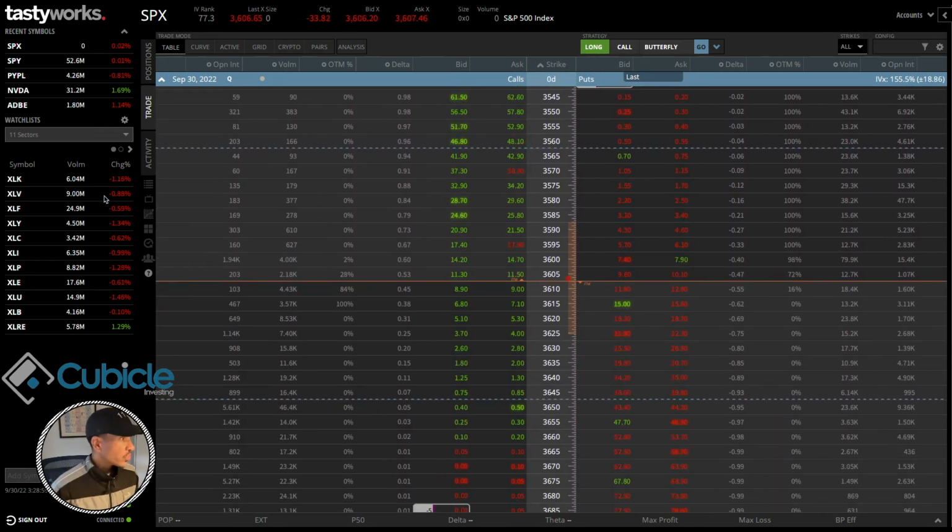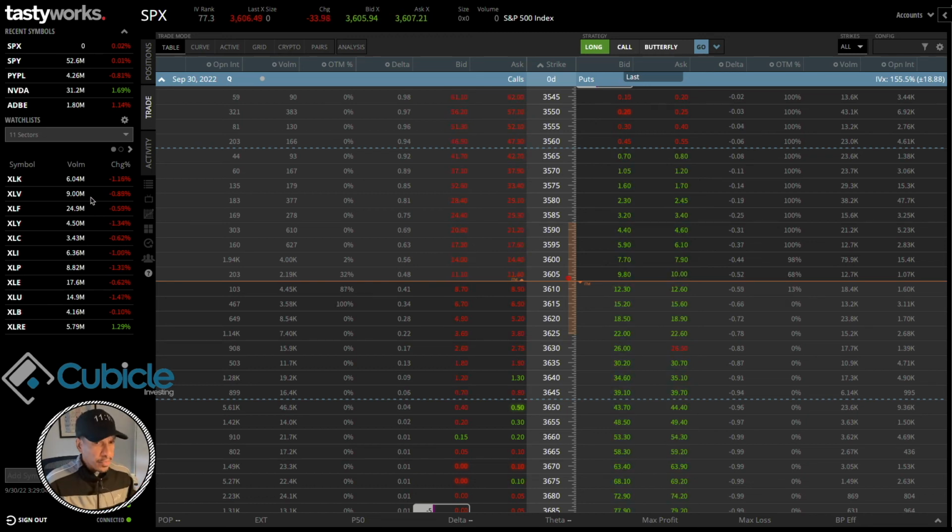And because every sector that makes up the S&P 500, with the exception of the real estate sector, is in red, that means that the price or the value of SPX is going to experience a headwind, right? The value is going to be suppressed.